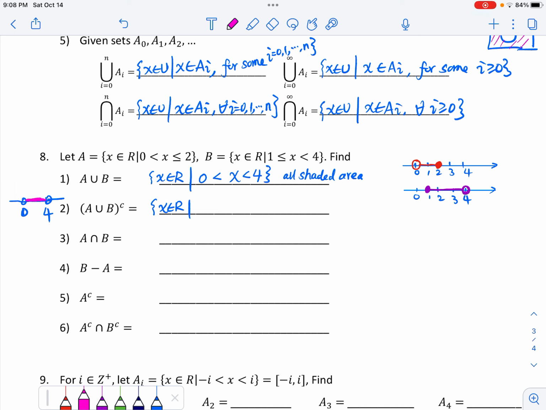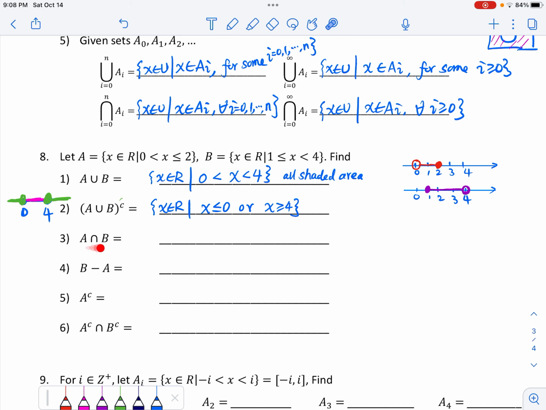And the complement means just the opposite of that. So it's my green shaded area. That's what it's supposed to be. So therefore it's going to be X less than or equal to 0, or X greater than or equal to 4.